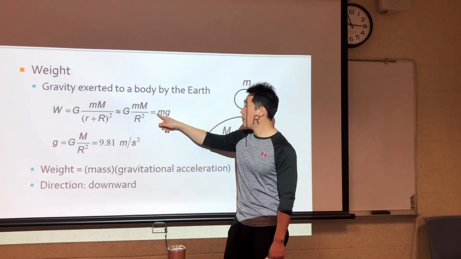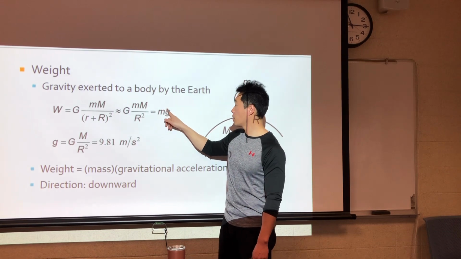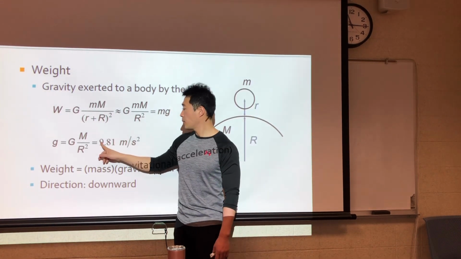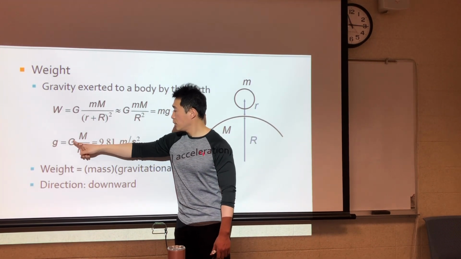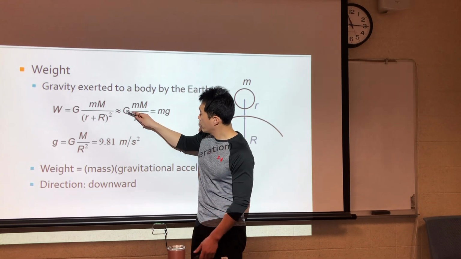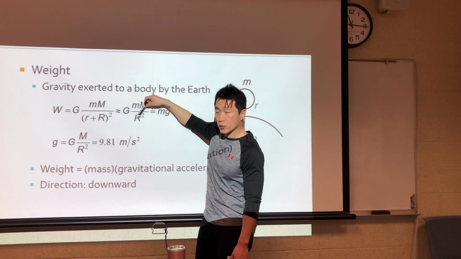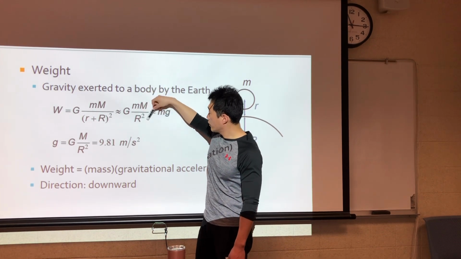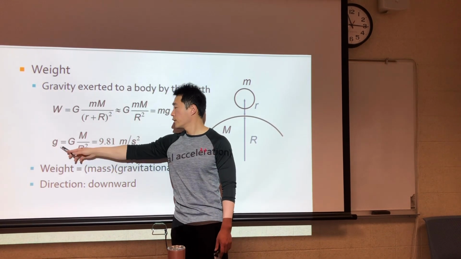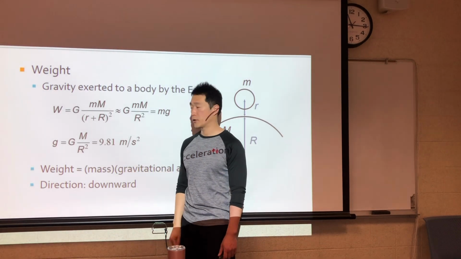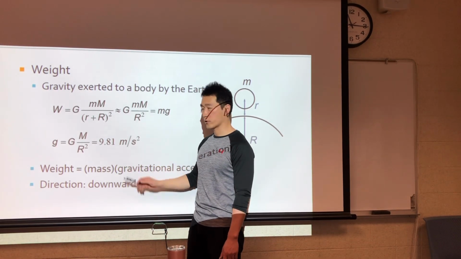mg. m is again your body mass, and lowercase g is 9.81. So this G times capital M over R squared is actually lowercase g, the gravitational acceleration, 9.81 meters per second squared.